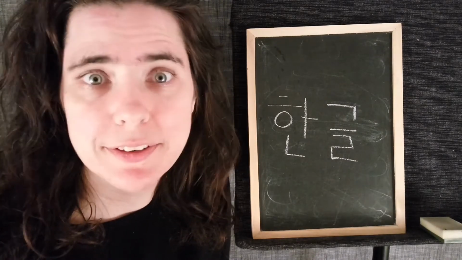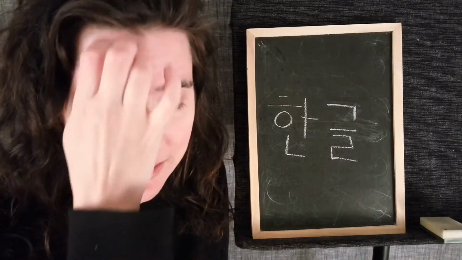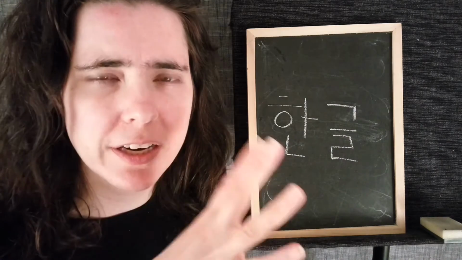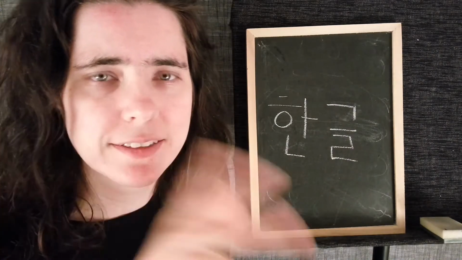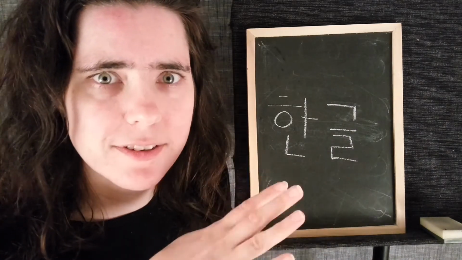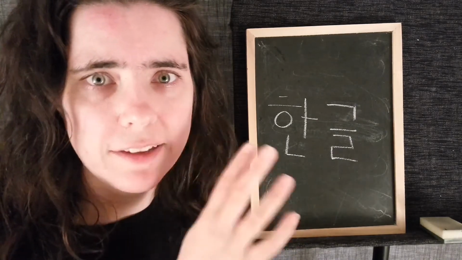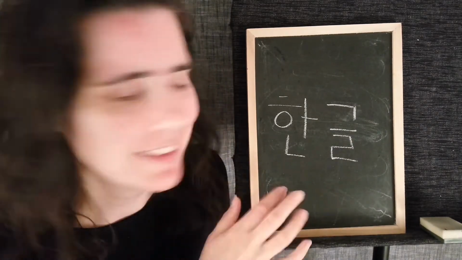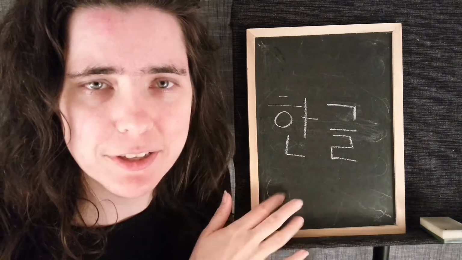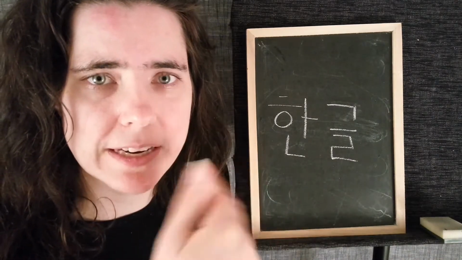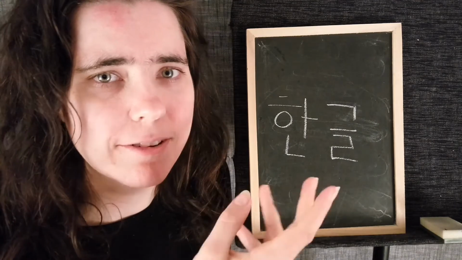But I thought that might be fun because it's an alphabet, unlike Chinese that has just lots of characters. It actually is an alphabet, so after this little lesson, you should be able to read Korean phonetically.